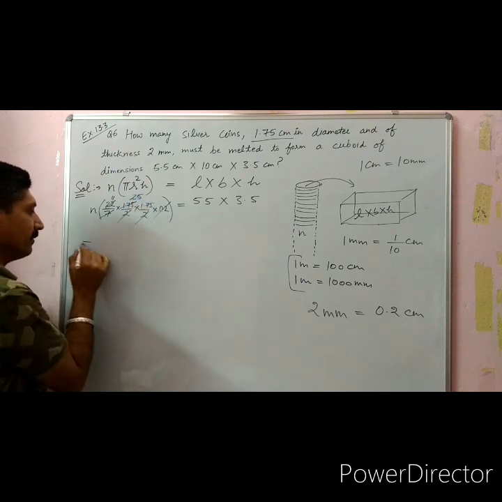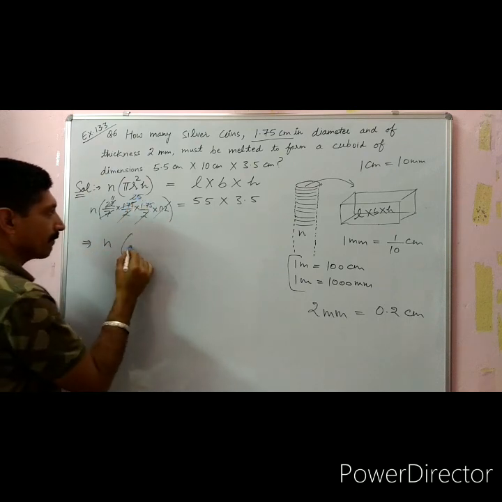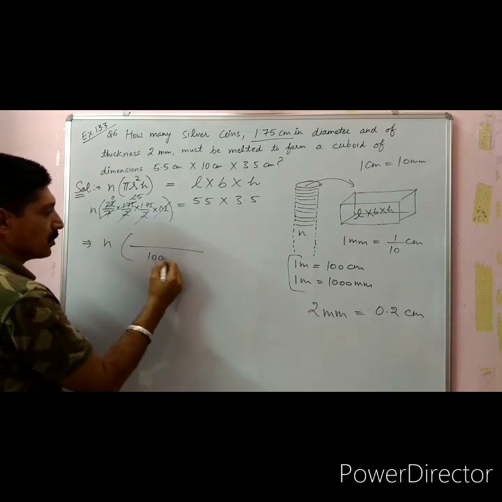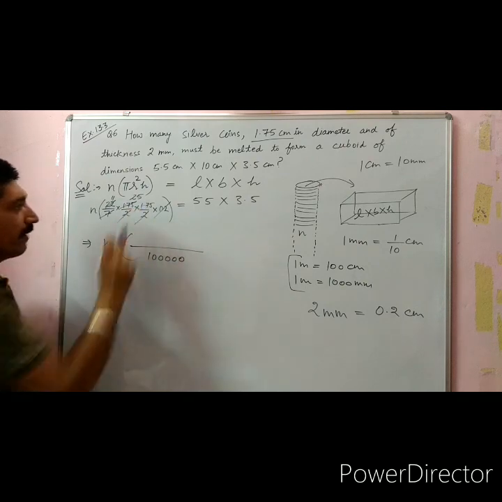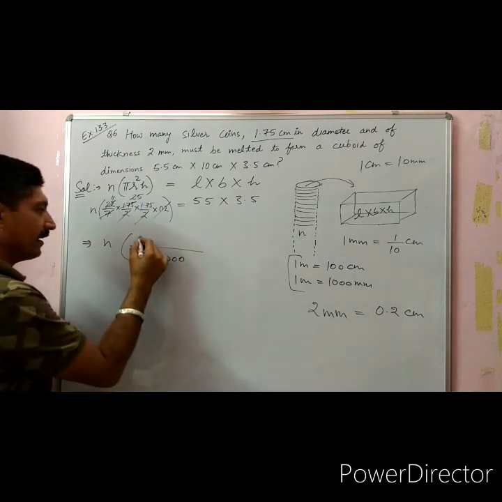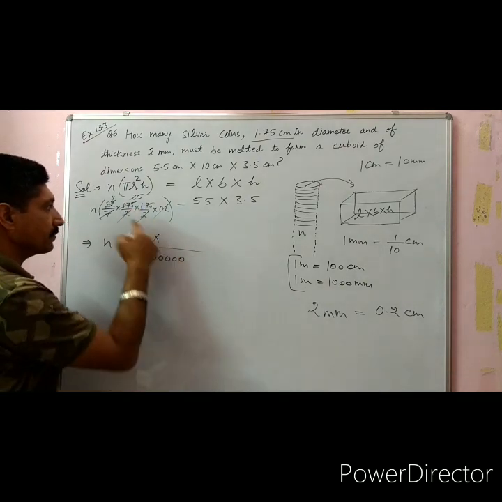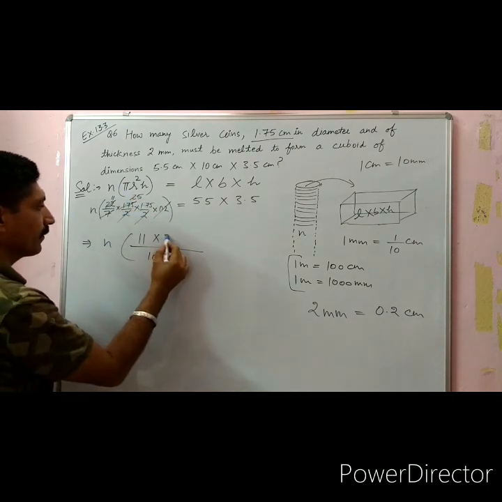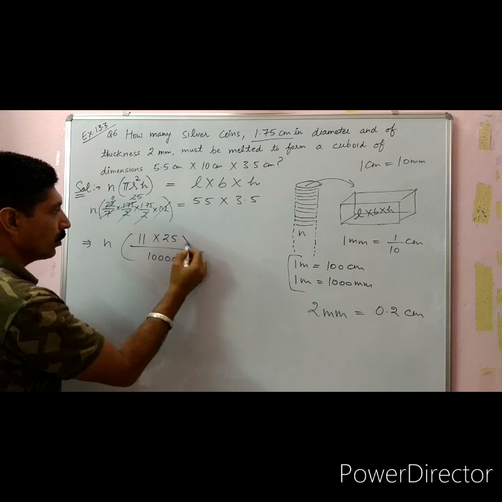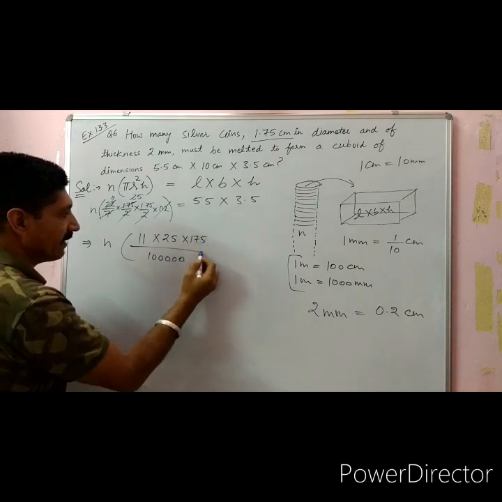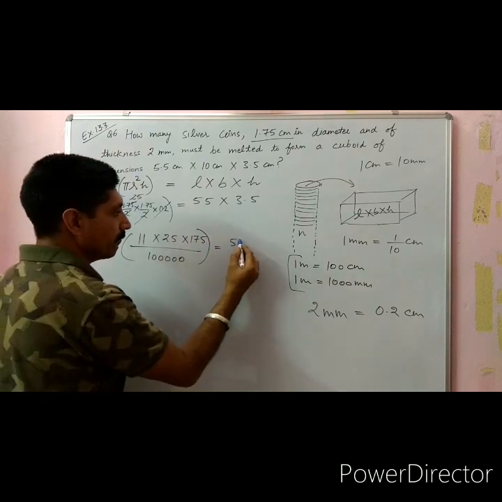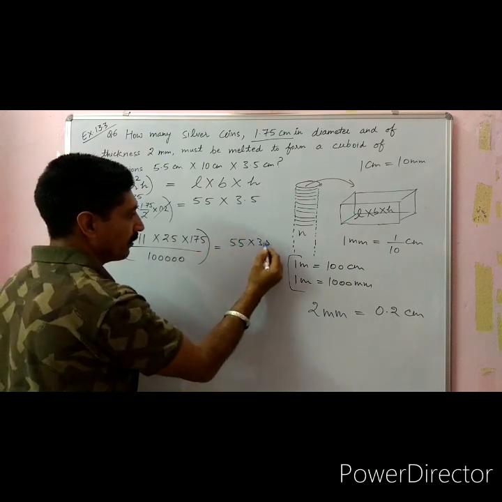So what I have done, I have removed all the decimals, all 5 decimal points. I have here left with 11 into 25 into 175 is equal to 55 into 3.5.